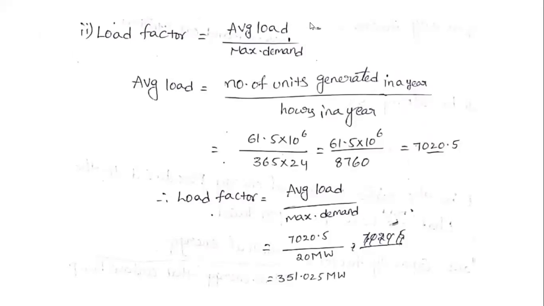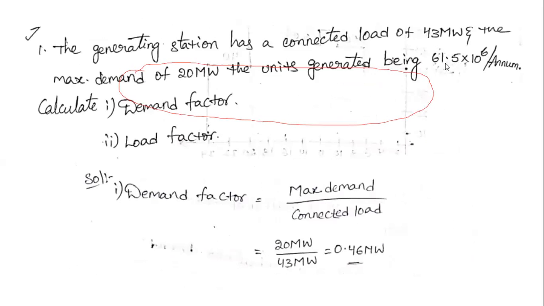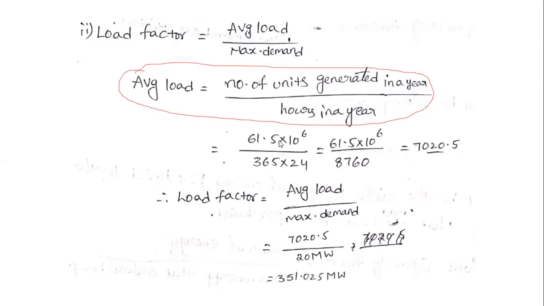The number of units generated is 61.5 into 10 power 6, divided by the hours, that is 365 into 24, which is 8760.